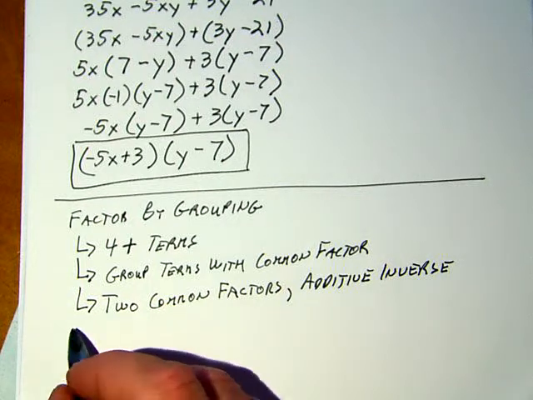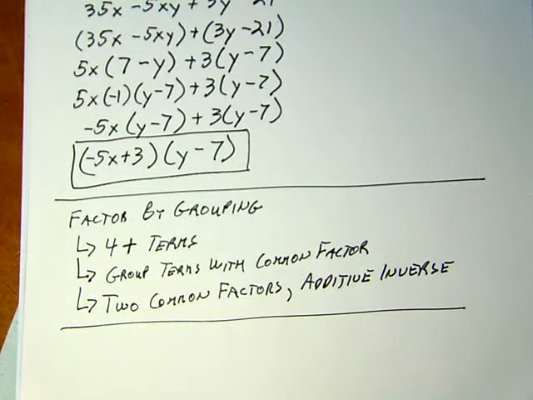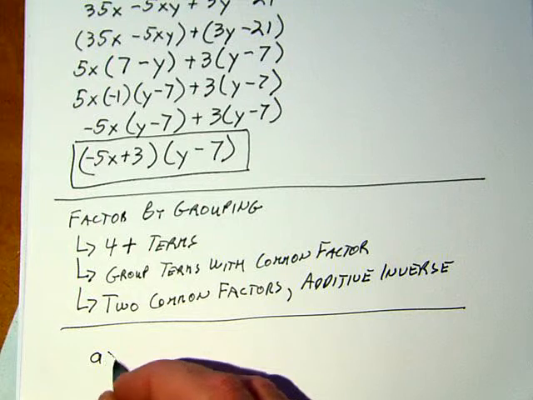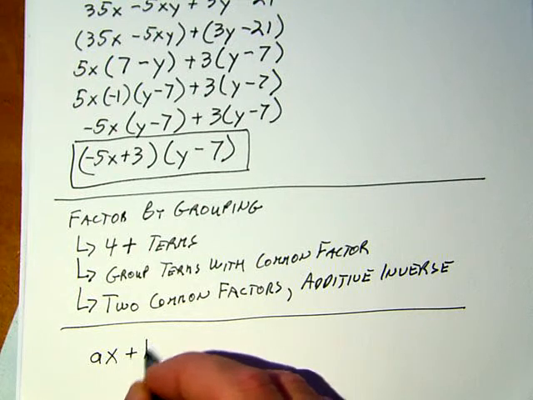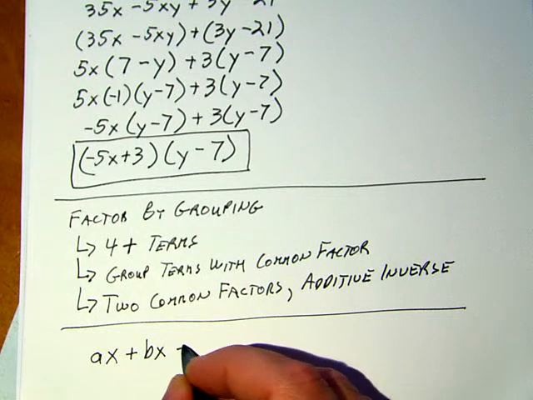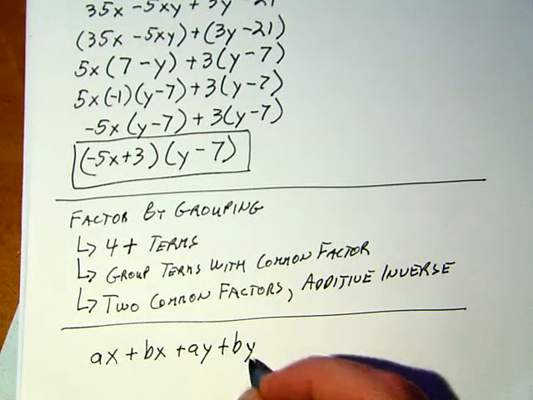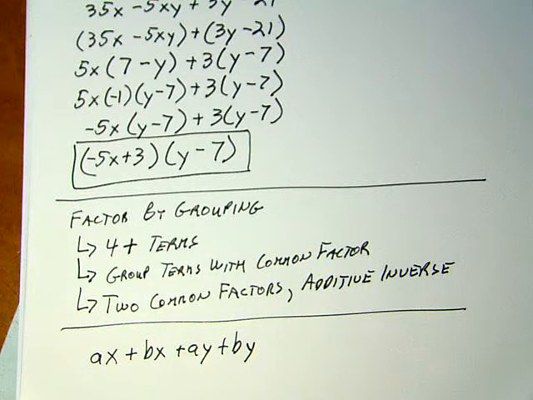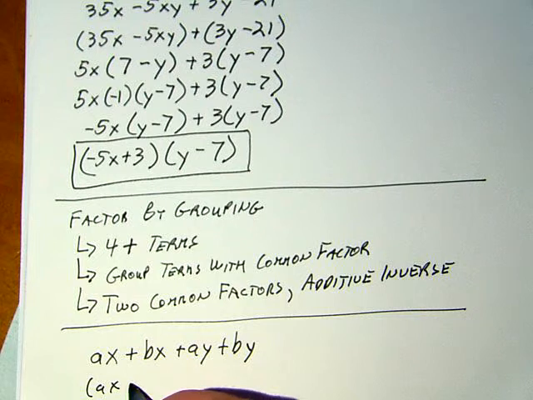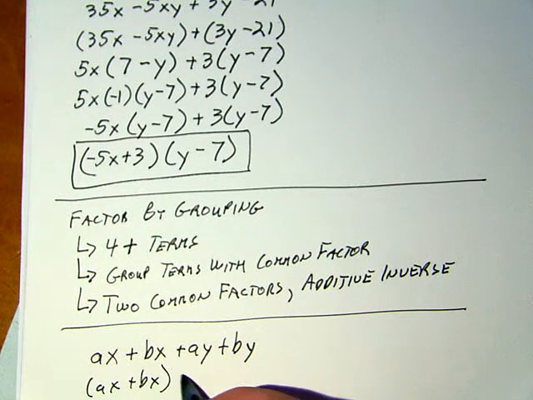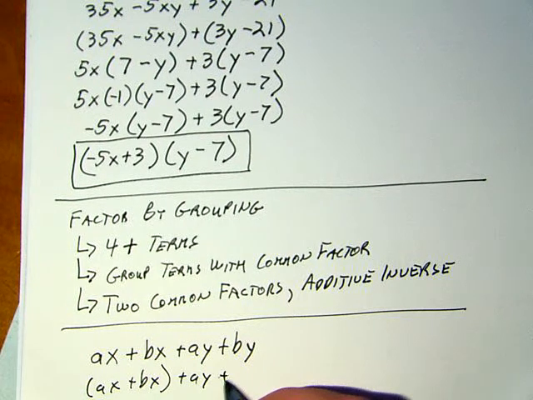Okay? Saying this sometimes is a little confusing, but here it is in letters. If I have ax plus bx plus ay plus by, I want to group common factors: ax plus bx, ay plus by.